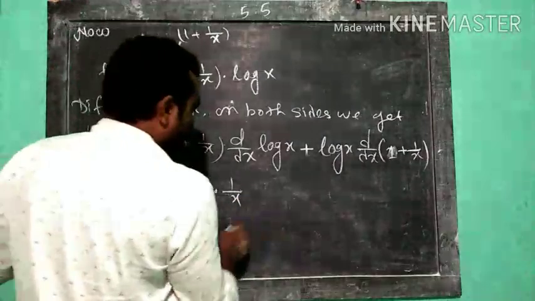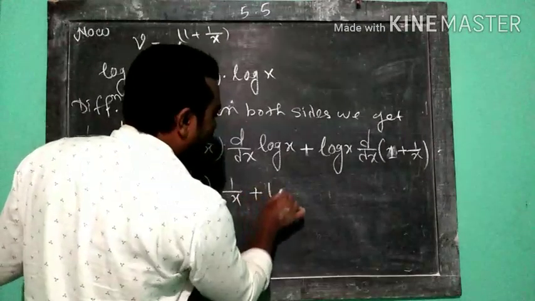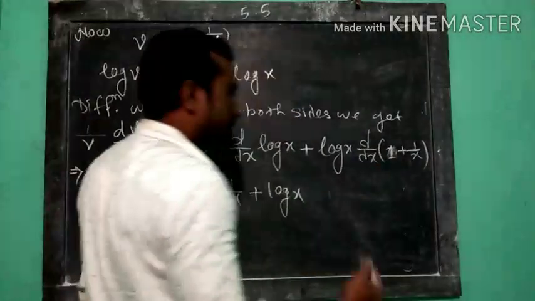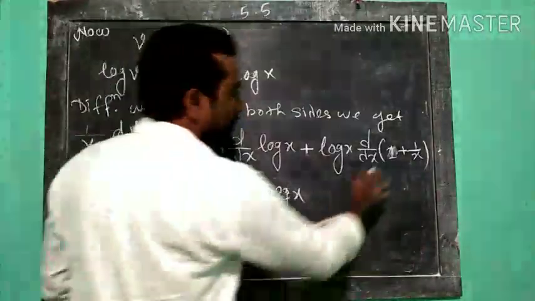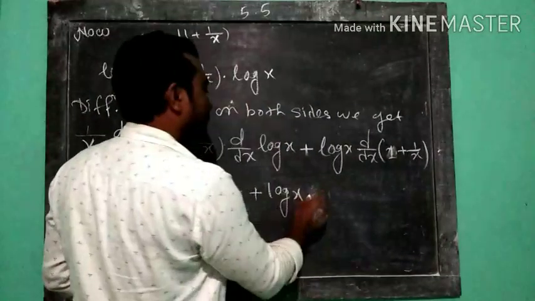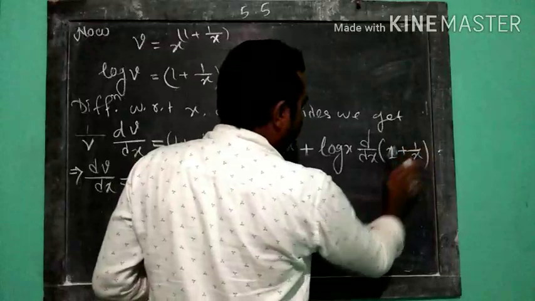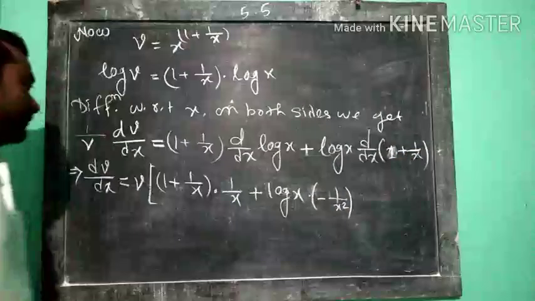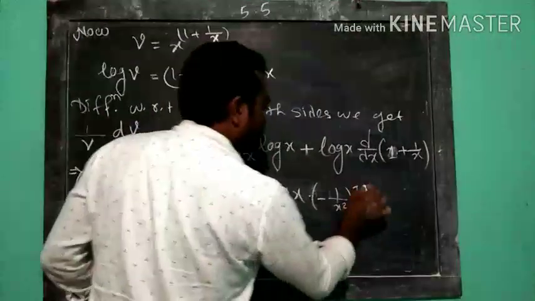Okay, so plus log of x, dx of 1 is 0, then dx of 1 by x is minus 1 by x square. So this is complete.